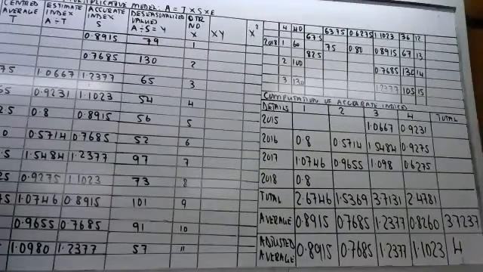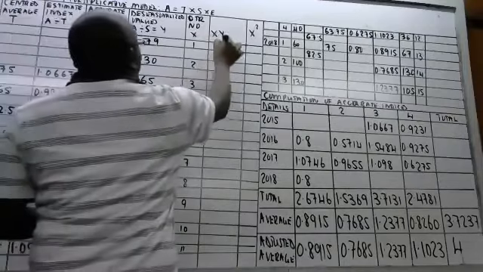Then quickly to get the products. This is 79.